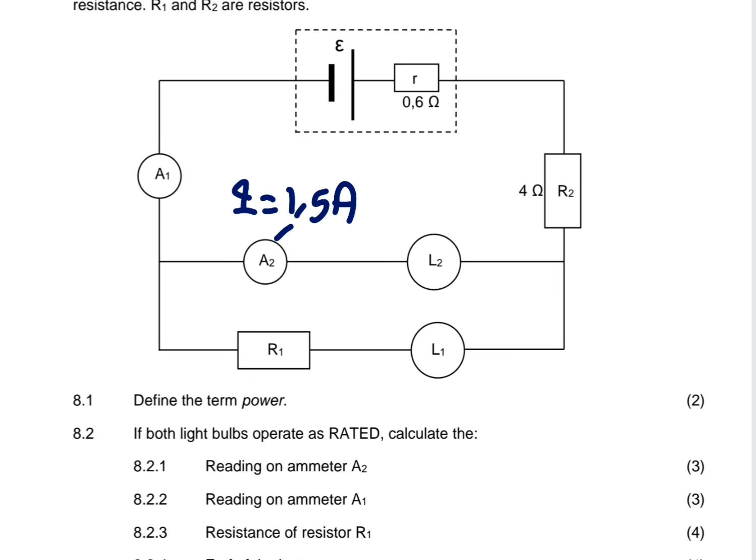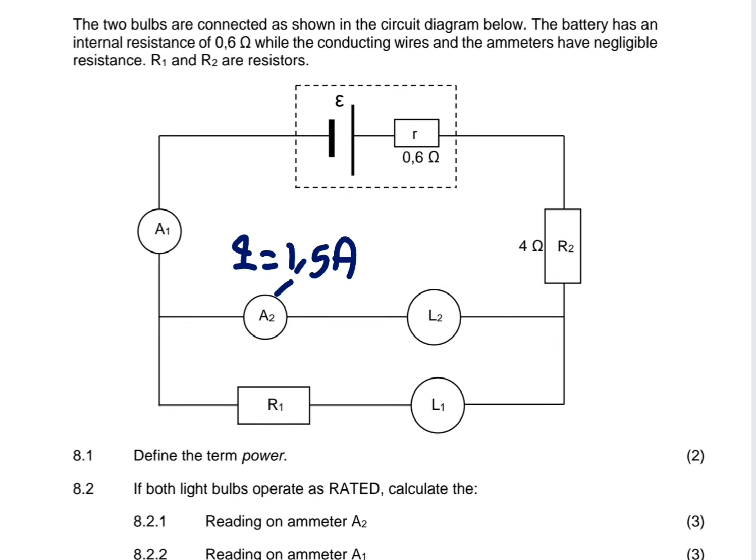And the second question says reading on ammeter 1. The reading on ammeter 1 will be the total current. Why? Because it will be the current before it splits. The current will split into these two sections, and then it will combine back here, and then flow as one again.